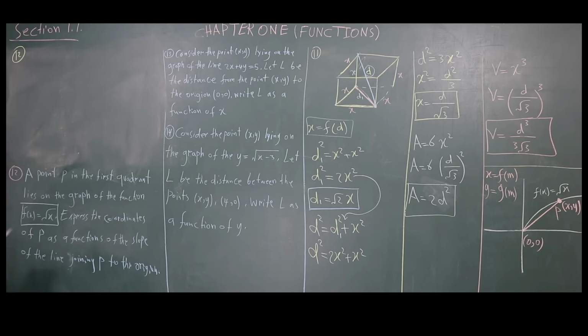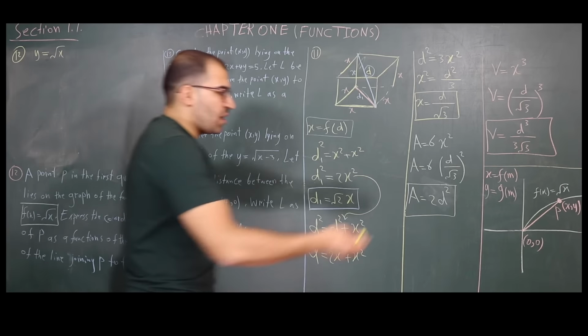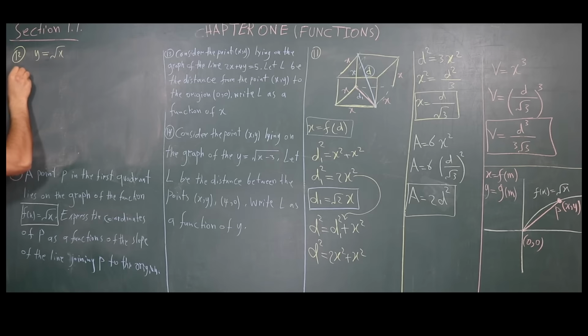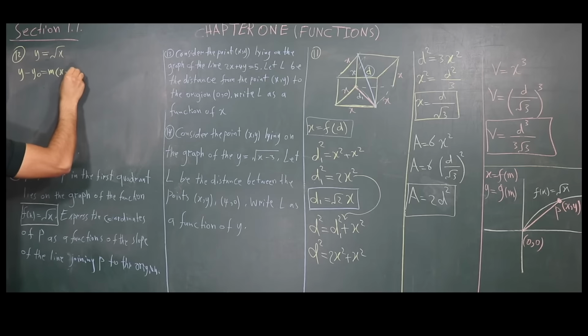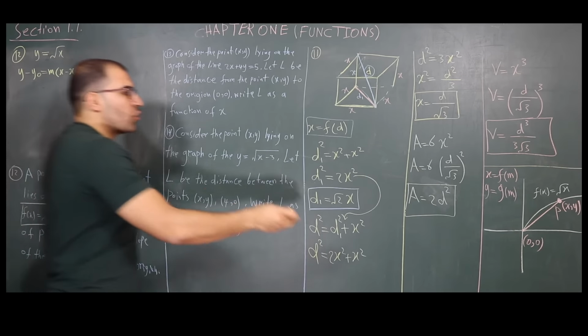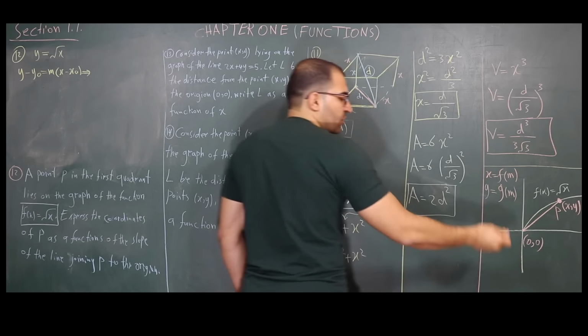First, we're going to prepare our things. We're going to say that y equals the square root of x, and then we need to find the slope of this line. From the law y minus y naught equals m times x minus x naught, y naught and x naught could be 0.